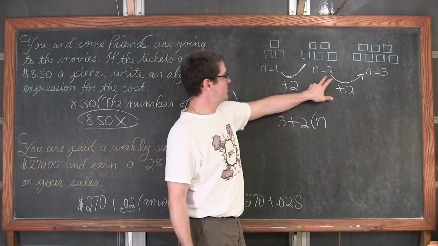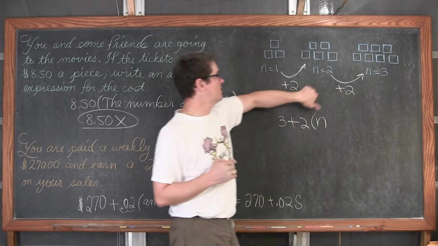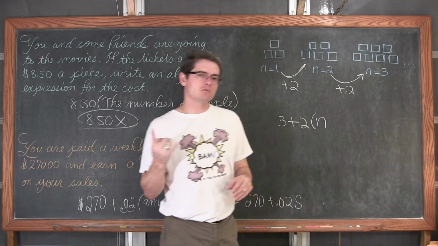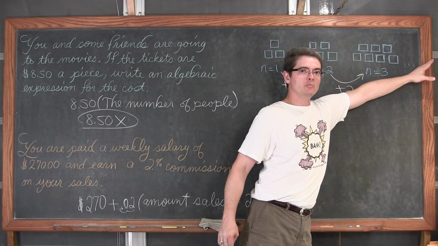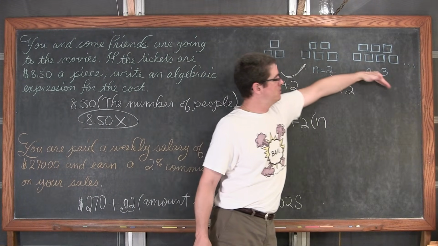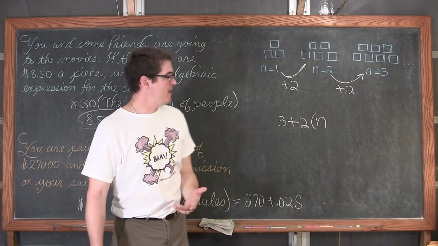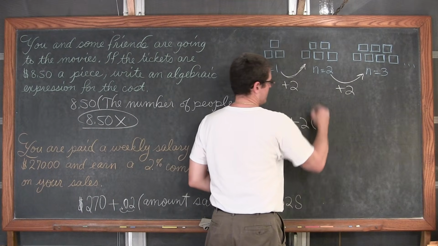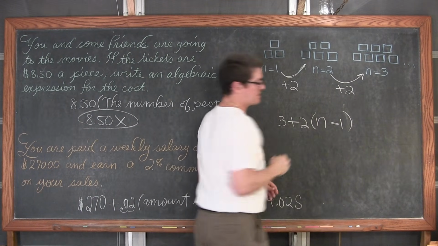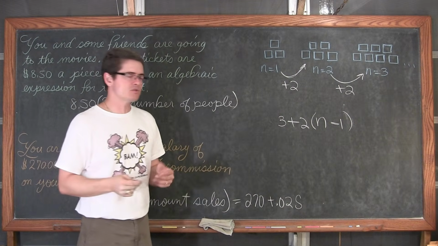So when n is 2, I've only added once. When n is 3, from the beginning, I had to add twice. So when I get to the fourth group, to get from the beginning, I would have to add 1, 2, 3. So it seems like whatever n is, I'm adding by 2, 1 less than that. Now I'm not really sure if that's right, so let's check it.